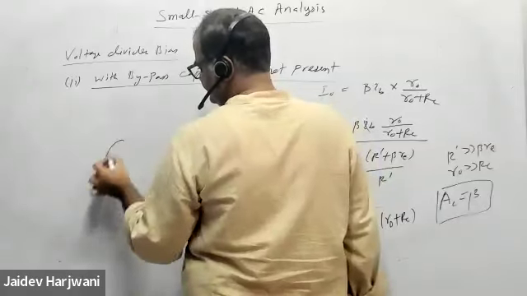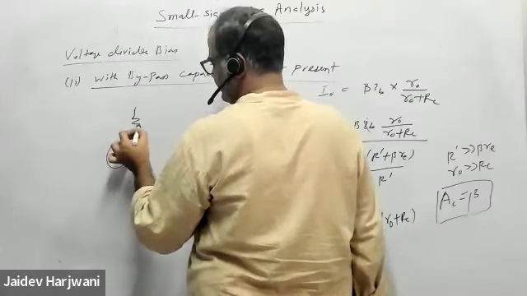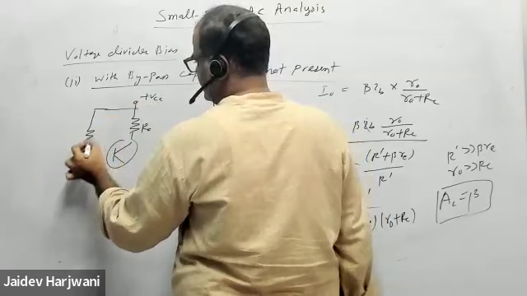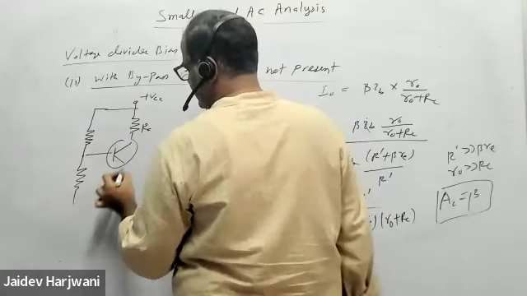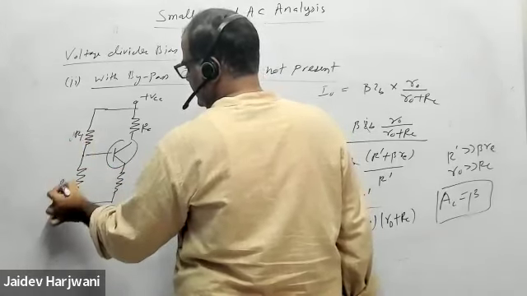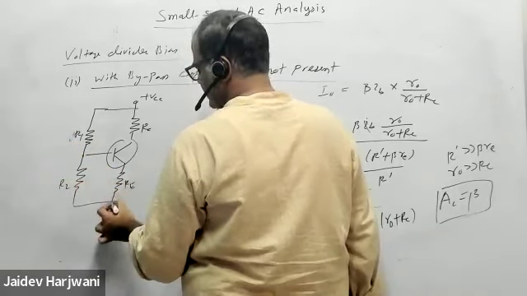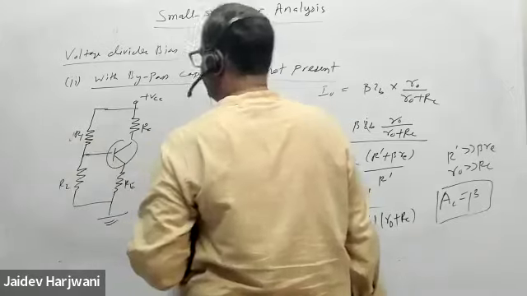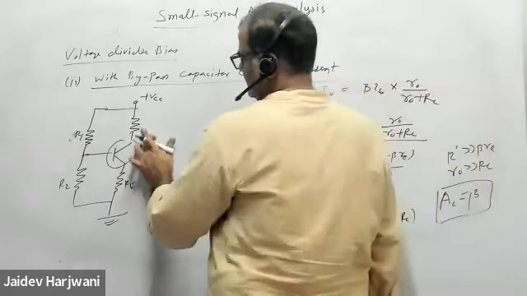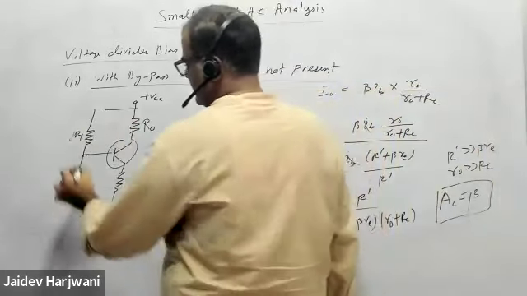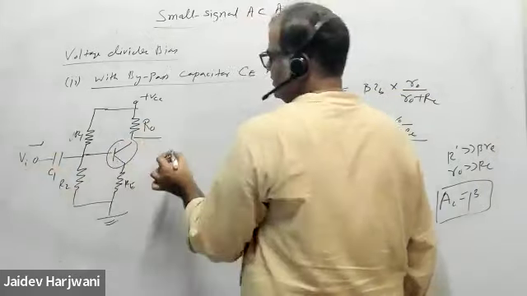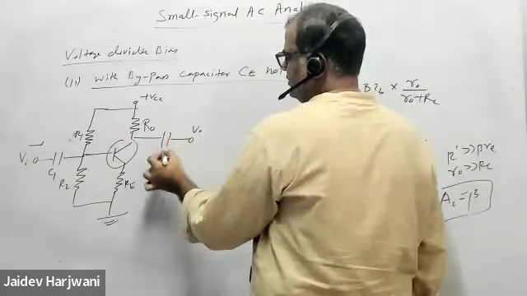So you have the circuit: R1, R2, RE, R0, V input, C1, V output, C2.